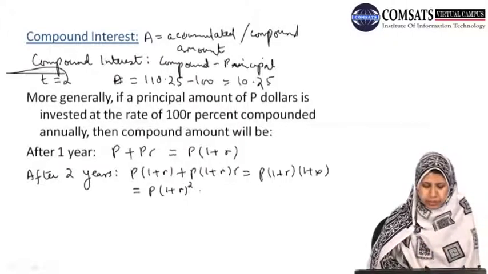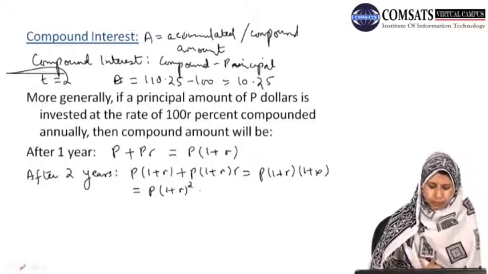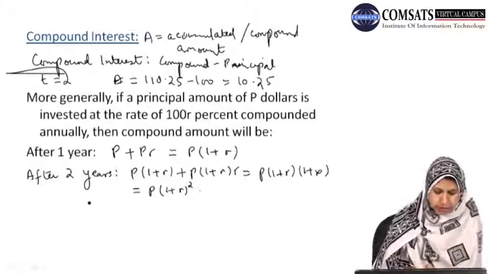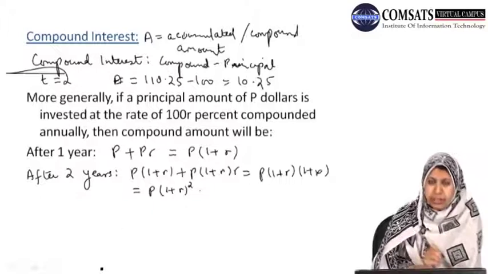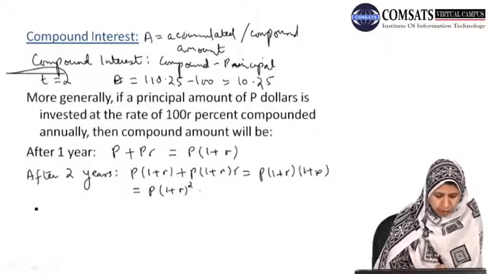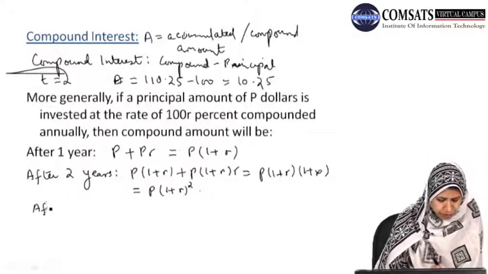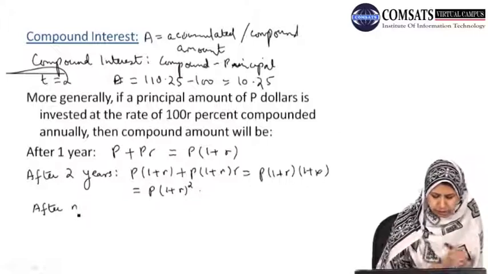So this is the amount we obtain after 2 years. Continuing in this way, we can write our formula for the case of after n years.